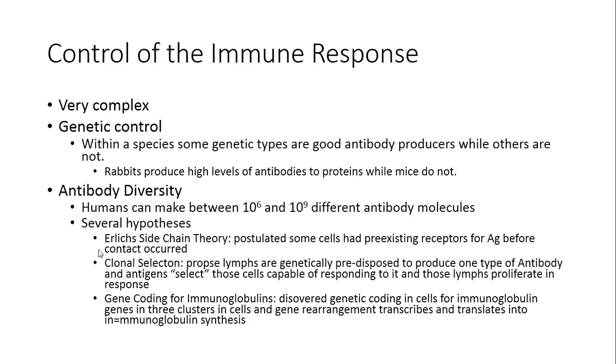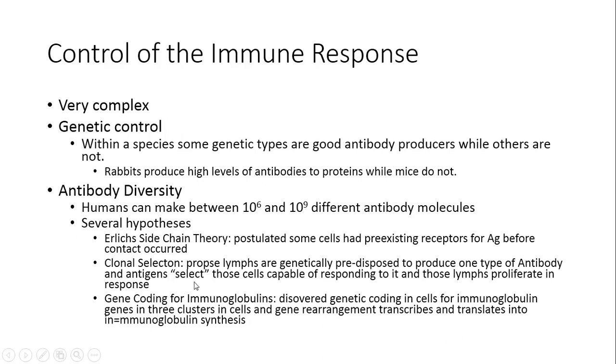In this case, the theory was that some of your immune cells had receptors to the antigen long before the contact ever occurred. They were kind of pre-made cell receptors. I think now we understand how antigen receptors are made and how presentation affects that, so I think we can ignore that for the most part.